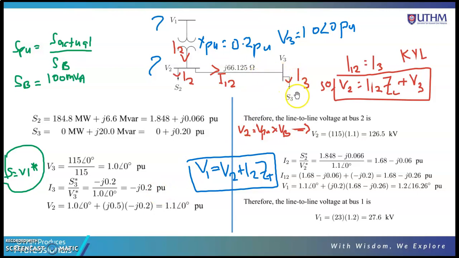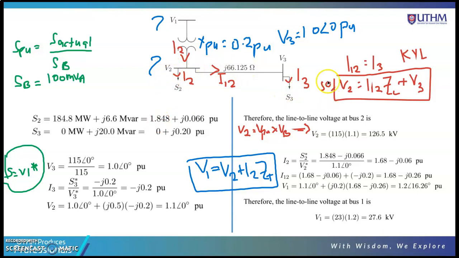From the circuit, I12 is in series with I3. So you have V3, you have I3, and you have ZL. You can determine V2.